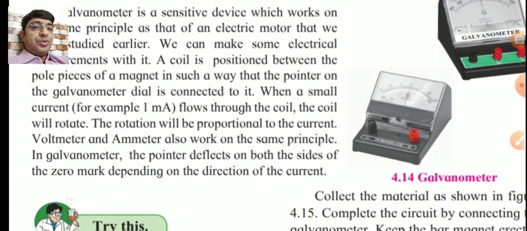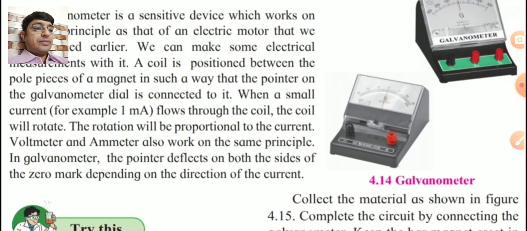Voltmeter is used to measure the potential difference or voltage. Ammeter is used to measure the current in the circuit. These two instruments also work on the same principle. In galvanometer, the pointer deflects on both sides of the zero mark depending on the direction of current.